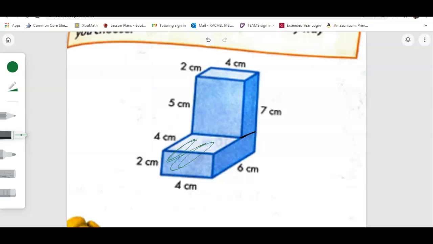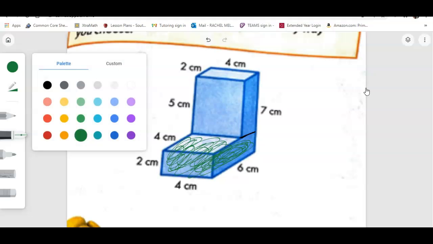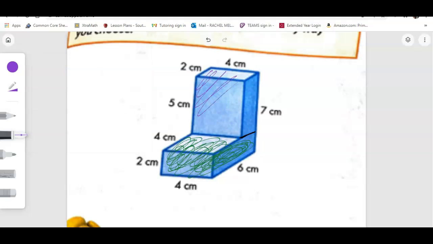This is going to be the green shape, and I'll do this volume first. Then that's already a blue, so let's do a purple. This will be the purple shape. Let's deal with the purple shape first.